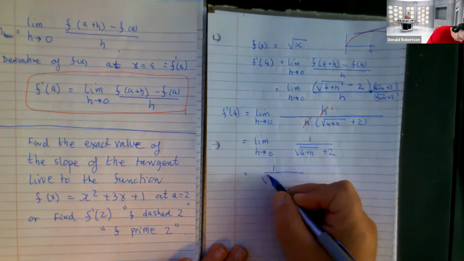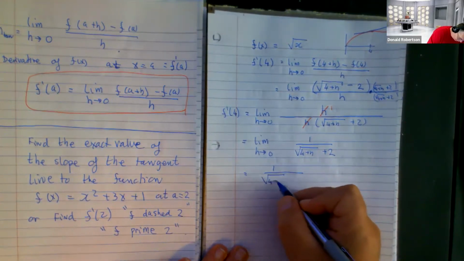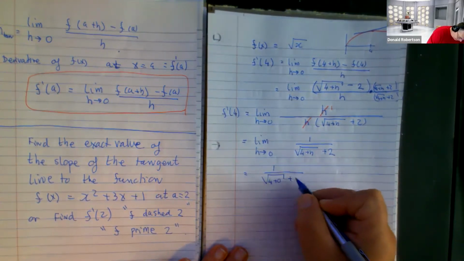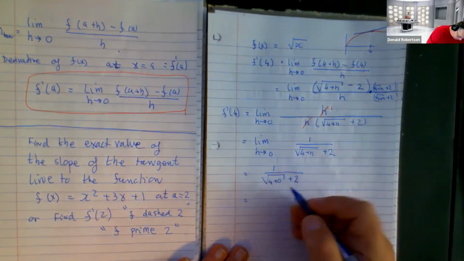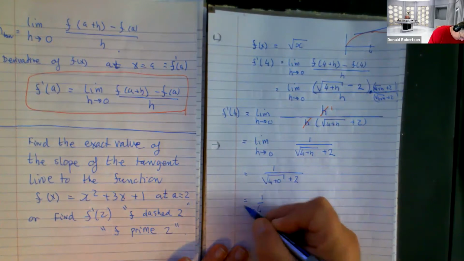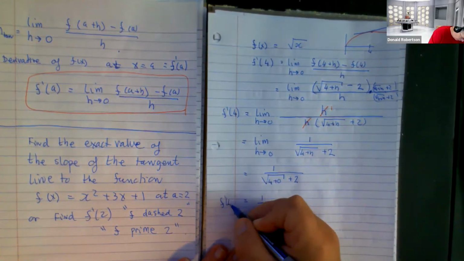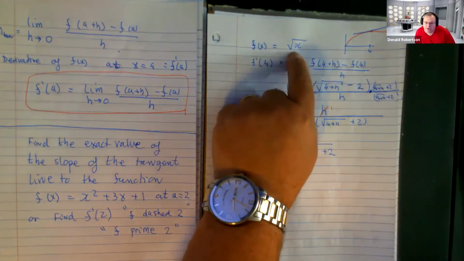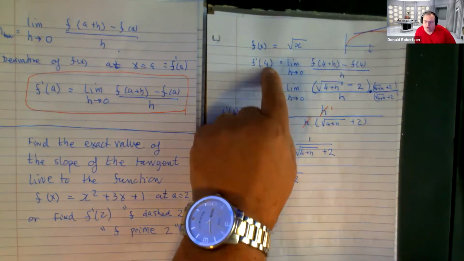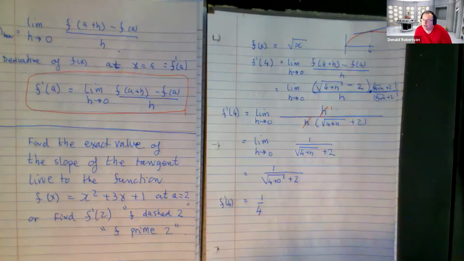You get the square root of 4 plus 0, add 2. Square root of 4 is 2, so 2 add 2 gets you 4. And there you are. The slope of the tangent line to the square root of x at x equals 4, it will have a slope of a quarter.